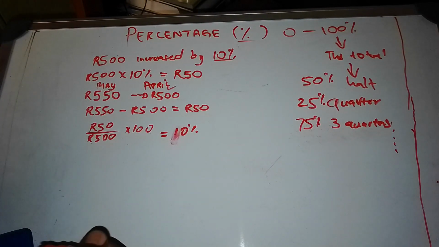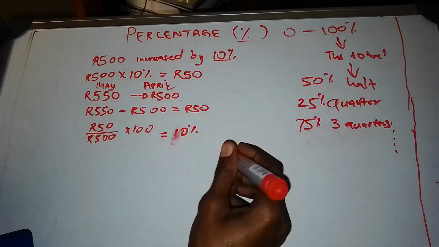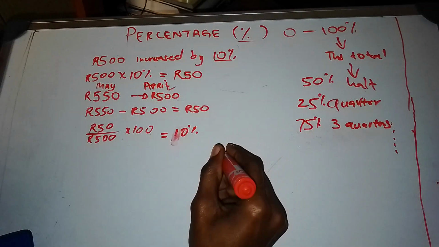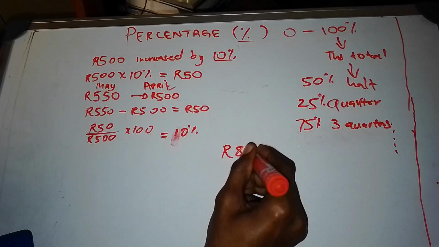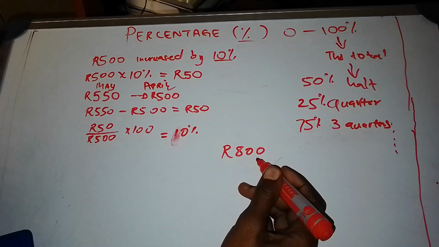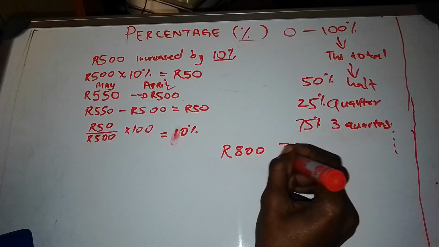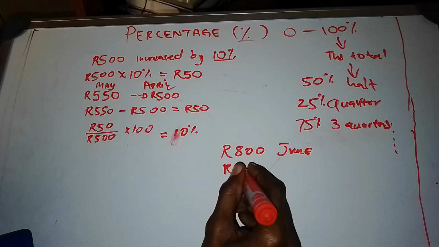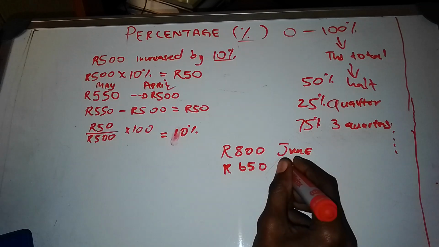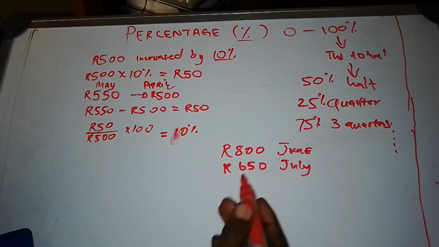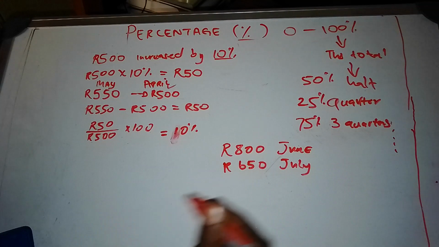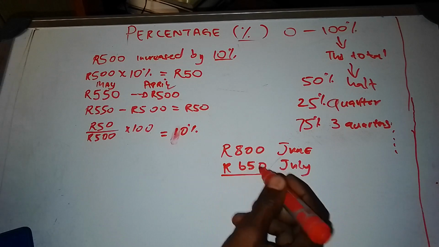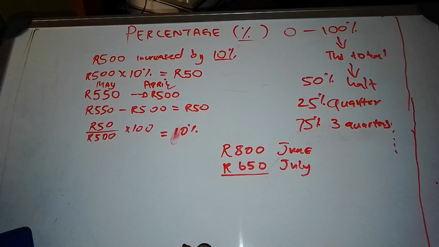Now, let's work out another example. They say the price of a sneaker was 800 rands in June, right? In July it was 650, which means it decreased. Now you want to know in terms of percentage, how much was the decrease?